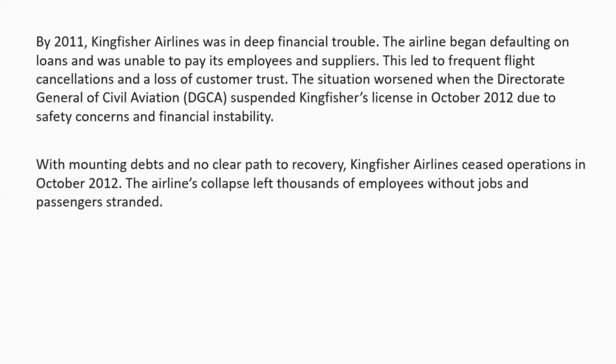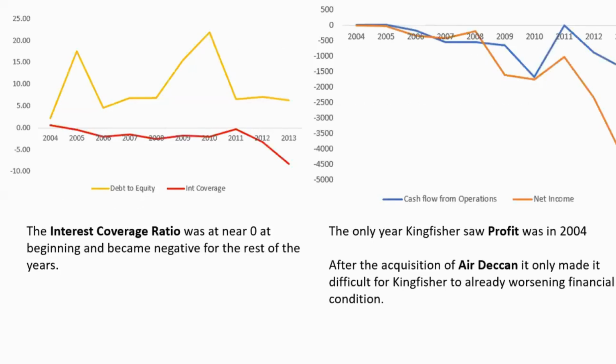We can see from the graphs over here. The red in the line graph is interest coverage. We can see that for almost one year it was above zero, and in the remaining years it was negative. Debt to equity just shot up into the sky.